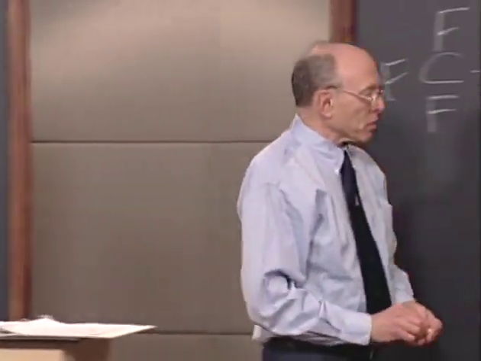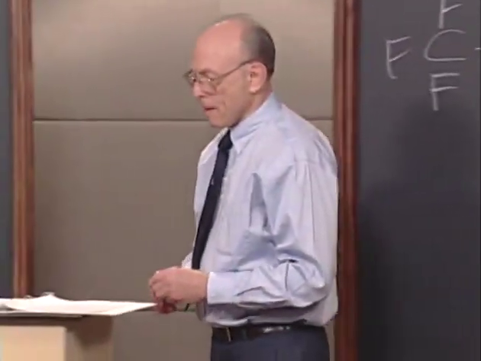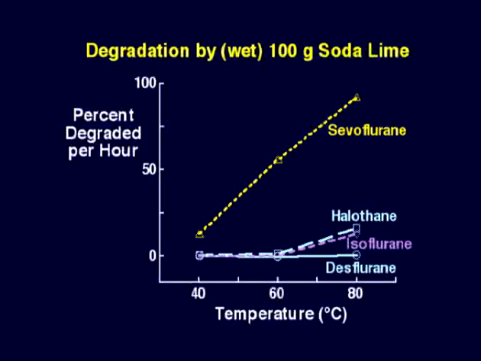Now let's talk about one of these issues here, the issue of stability and toxicity. The stability of the fluorinated anesthetics is greater in the presence of absorbents, such as the ones that remove carbon dioxide from the gases our patients breathe.